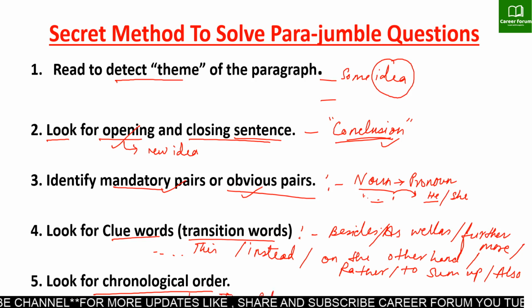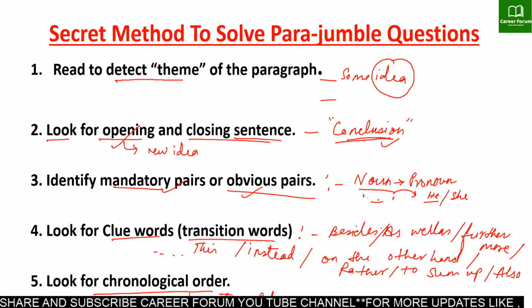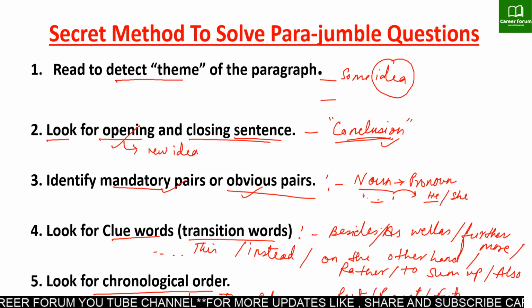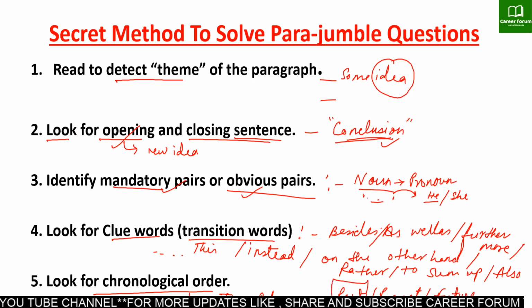Generally, when we have sentences based on chronology, according to time references, we should focus on sentences which show you the past, then the present, and then finally the future.